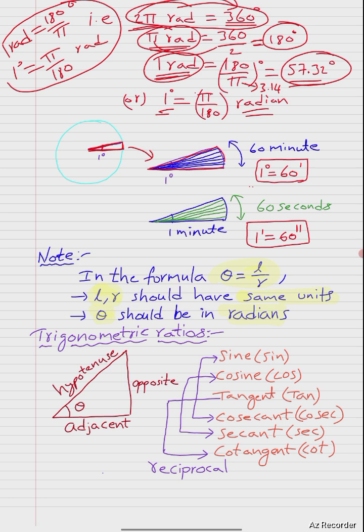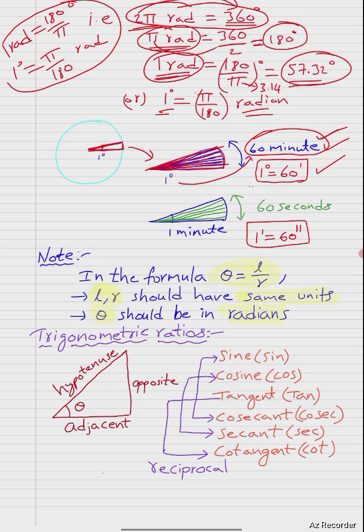Here I cannot draw all the 60 parts, but assume these are all the 60 parts of that 1 degree. Now in 1 degree there are 60 minutes. Each division of this 1 degree represents 1 minute. So how many such divisions are there? In 1 degree there are 60 divisions. Each division is a minute, and then 1 degree contains 60 minutes.